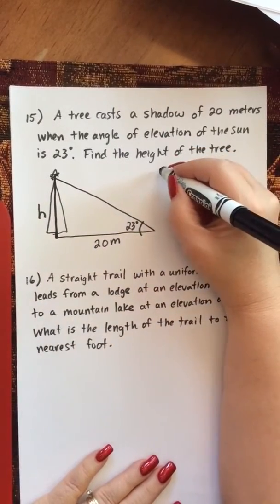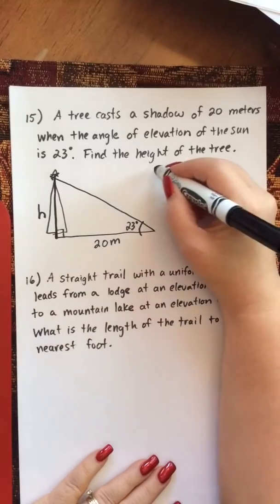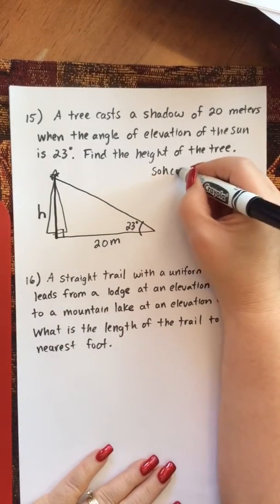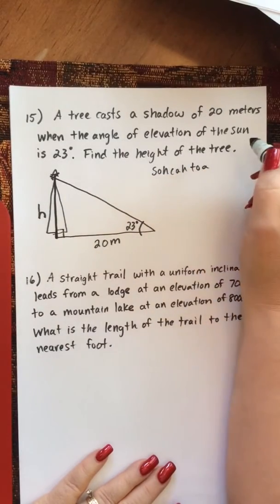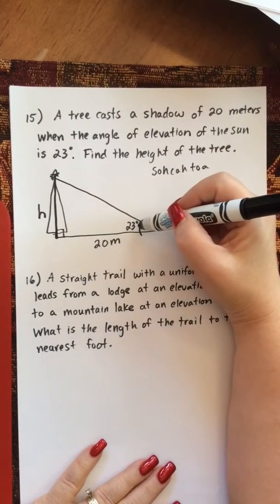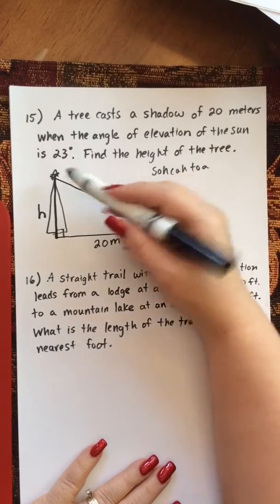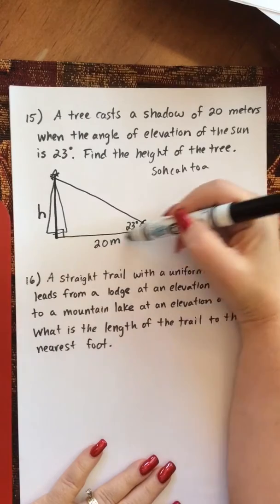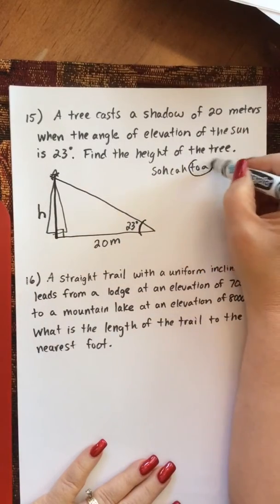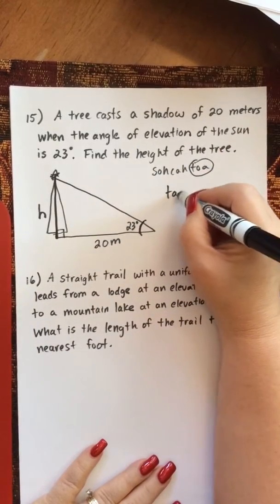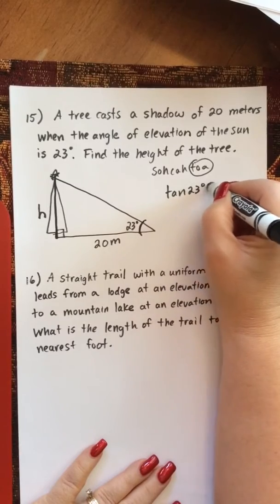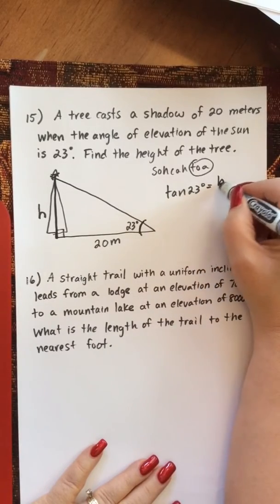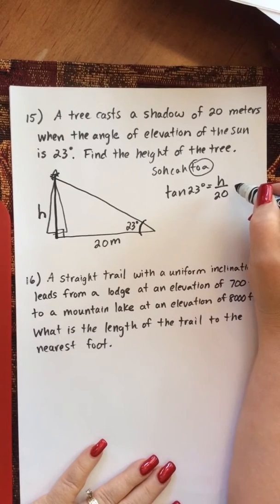We can assume that this makes a right angle with the ground. So remember SOHCAHTOA. From 23 degrees, this would be the opposite side, and this is the adjacent side. So I'm going to use tangent, and I could say that the tangent of 23 degrees is equal to the height of the tree divided by the adjacent side, which is 20 meters.